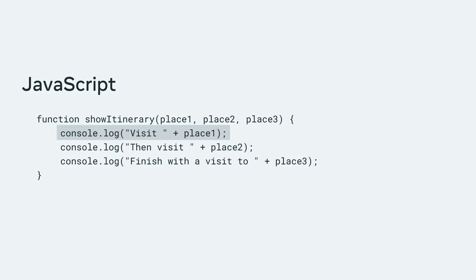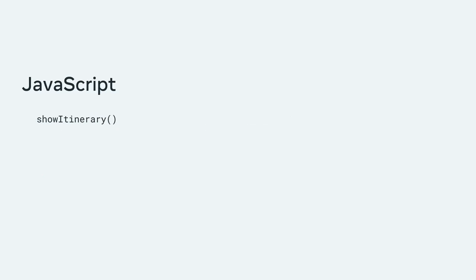Next, I console log the other 2 arguments by first using the strings, then "Visit", and the argument place2. And then the string "Finish with a visit to", and the third argument, place3. Then, when I run the function showItinerary, it should run through all 3 places.